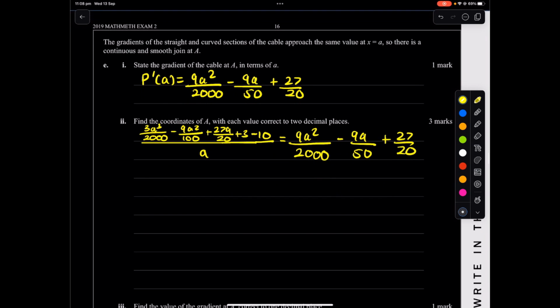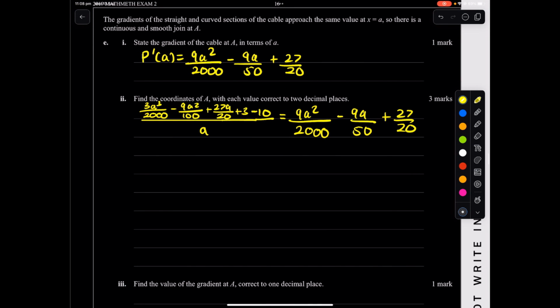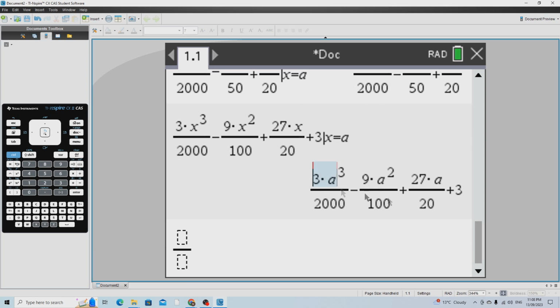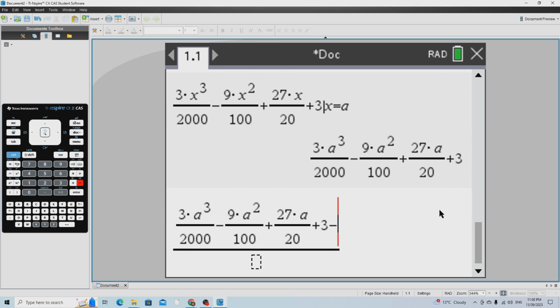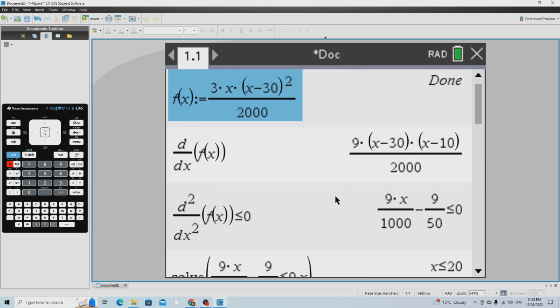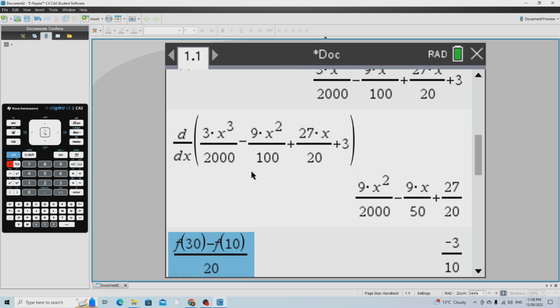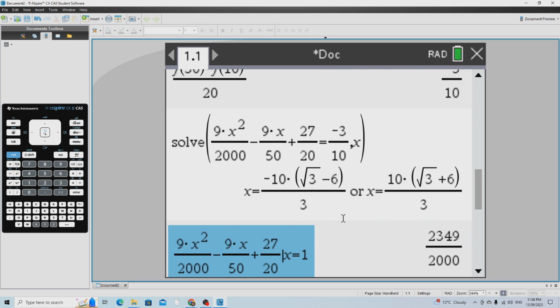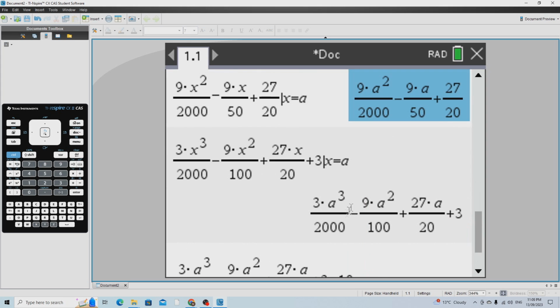Let's try that. So we're saying this over here minus 10 all over a should equal this over here.